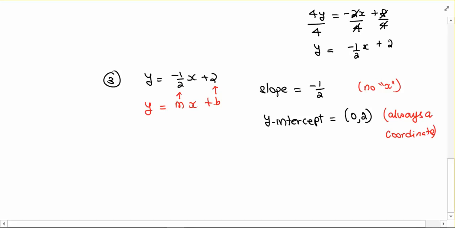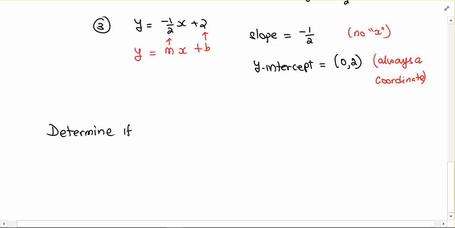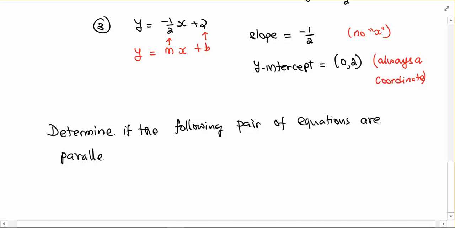All right, let's do one more problem. Determine if the following pair of equations are parallel, perpendicular, or neither.